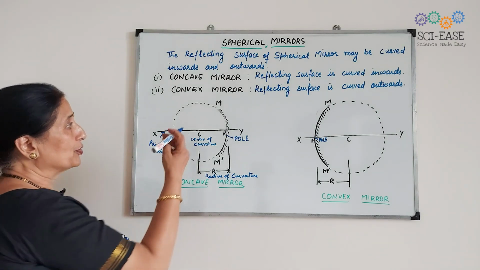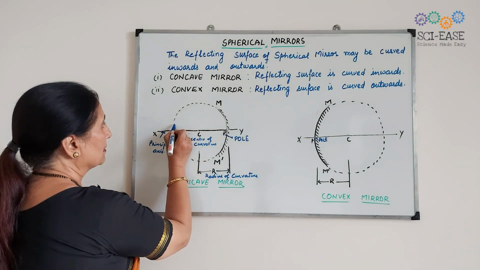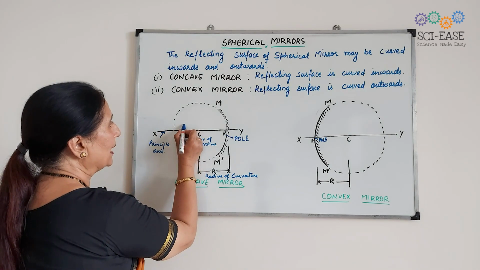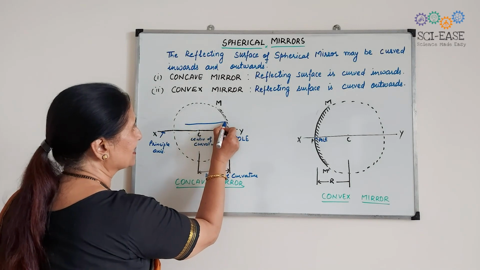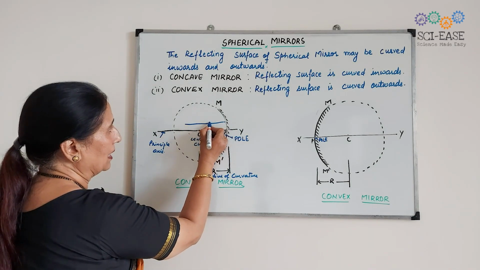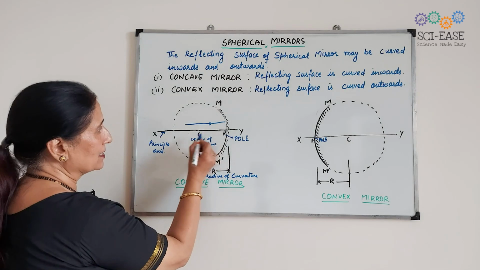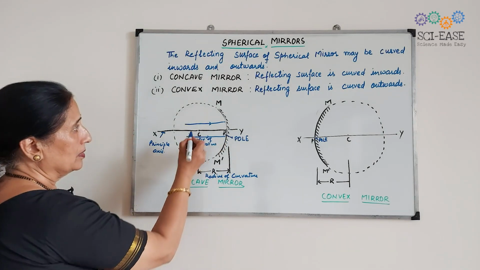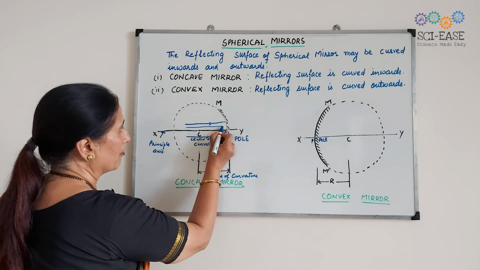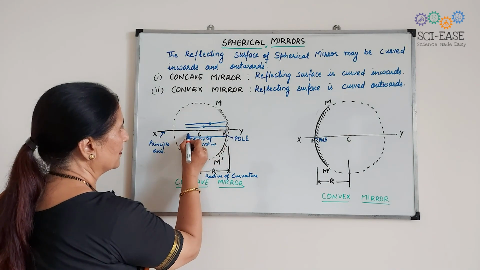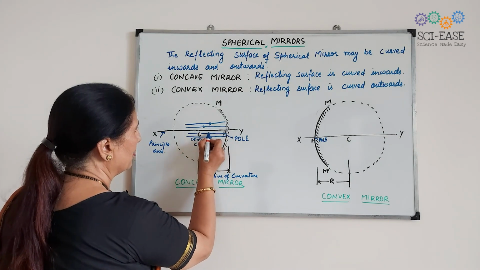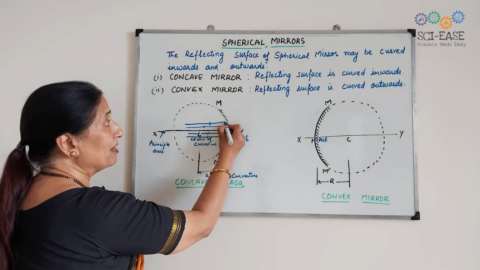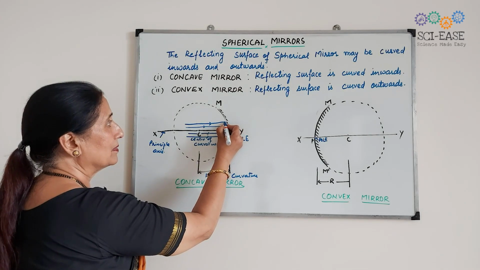Now, when the rays of light parallel to the principal axis fall on the reflecting surface, suppose they are straight, parallel to the principal axis, when they reflect, they will meet at a point.